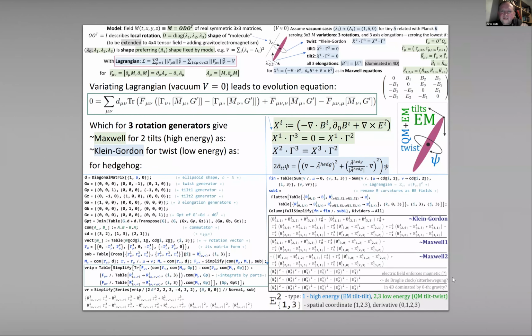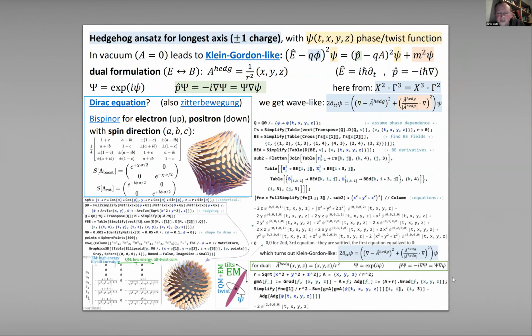So here is an example of the derivation of the Klein-Gordon-like equation for the twist. I get the hedgehog, and I parameterize this twist of this object, and now from this parameterization, using the equation, I automatically get this formula, which turns out similar to Klein-Gordon for this parameterized twist.